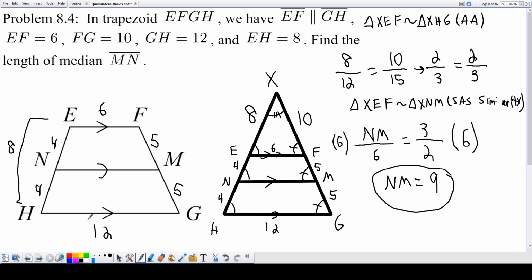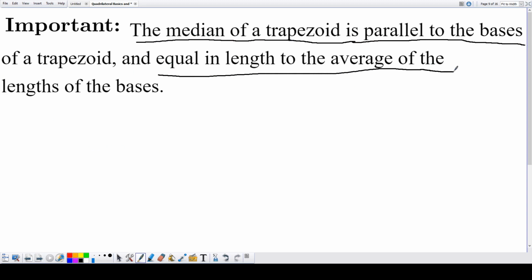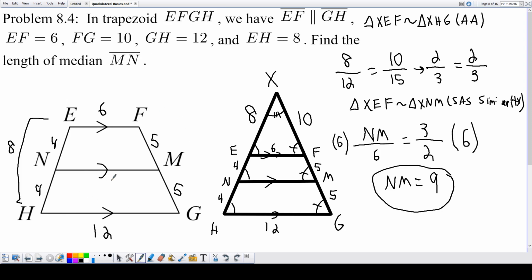Now, one of the important theorems we have with trapezoids is that the median of a trapezoid is parallel to the bases and equal in length to the average of the lengths of the bases. So, what does that mean? Well, if I look at this trapezoid in the original diagram, and let's look at the lengths of the bases, 6 and 12.